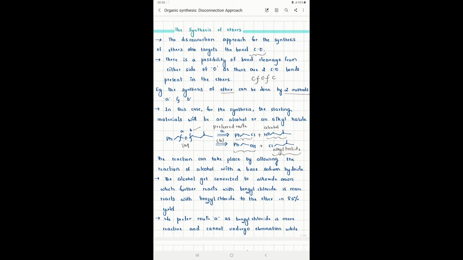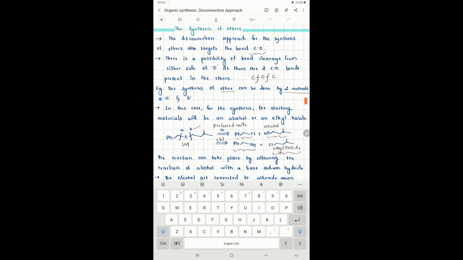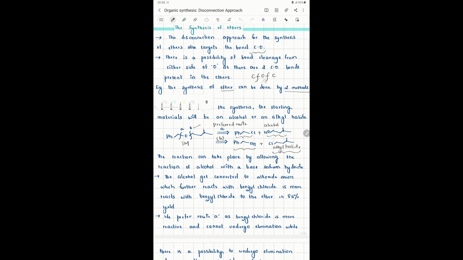The next type of example which can be seen under one group disconnection would be the synthesis of ethers. The disconnection approach for the synthesis of ethers also targets the C single bond O bond. There is a possibility of bond cleavage from either side of oxygen, as there are two C single bond O bonds present in ethers. So whenever we observe an ether system, we can observe that it has two C single bond O bonds.